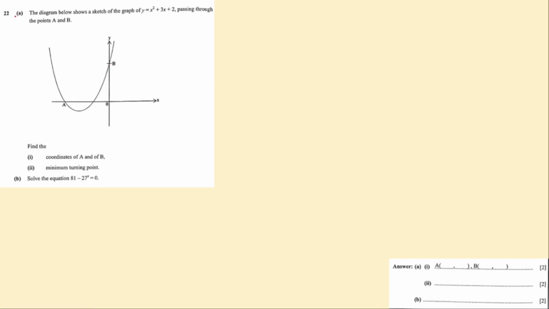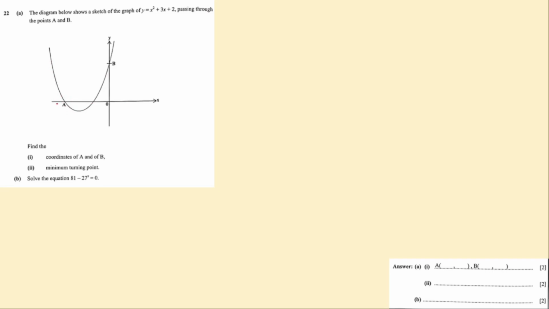Question 22a, part 1, requires us to find the coordinates of A and of B. When you look at where A is located and where B is located, A is the root of this curve.